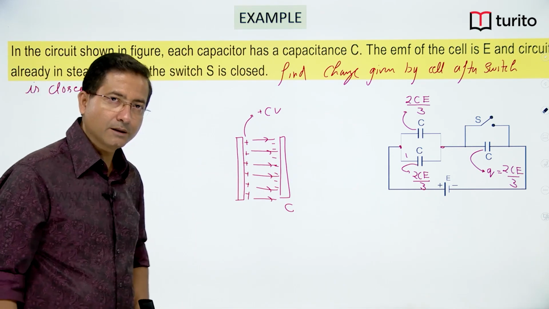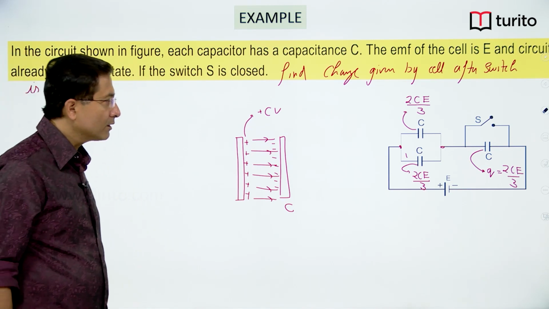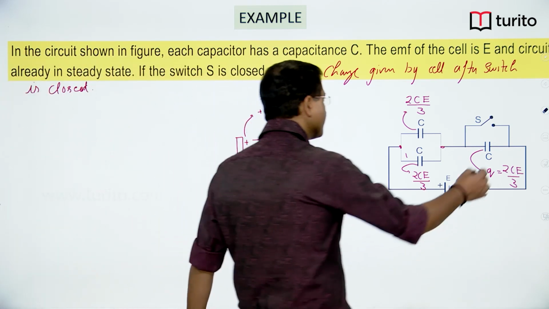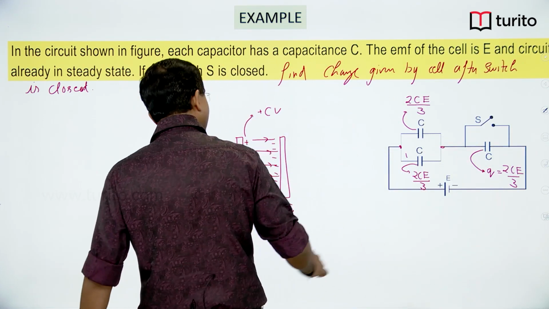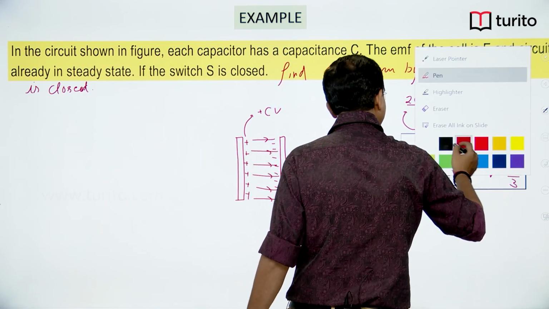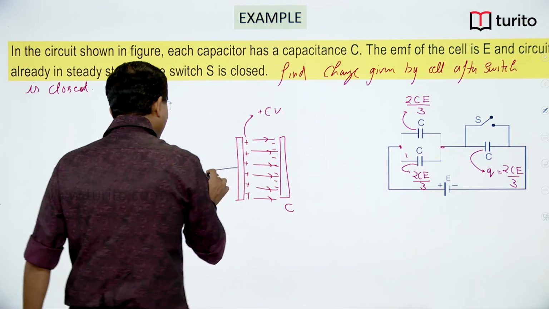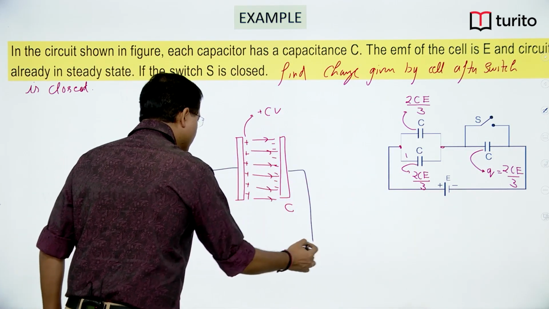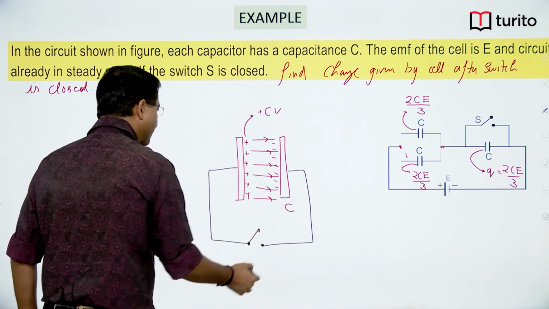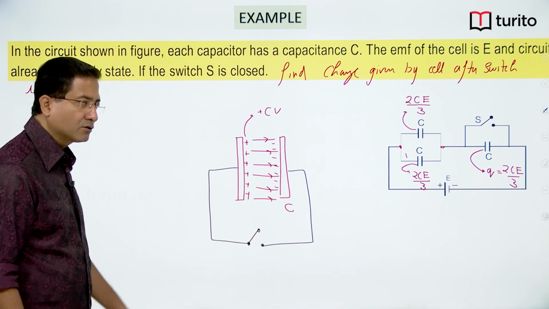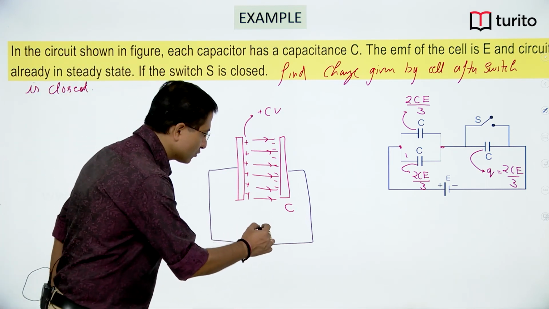So the situation will remain this way. Now what I am saying, if you connect this plate to this plate by some conducting wire, so I have one switch over here and I am going to close the switch.